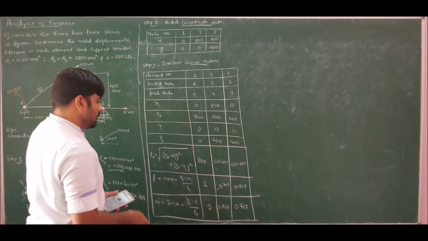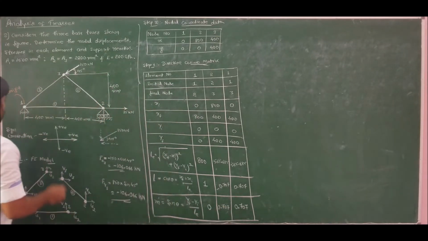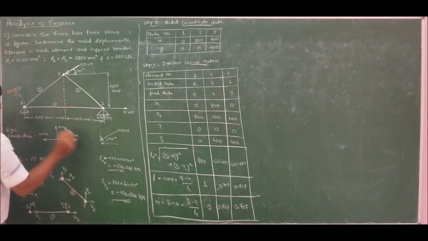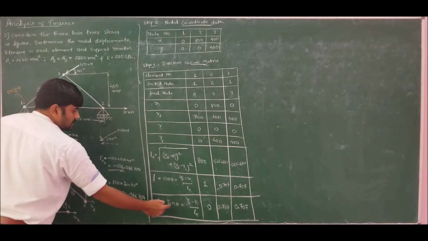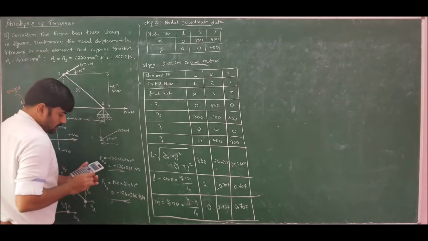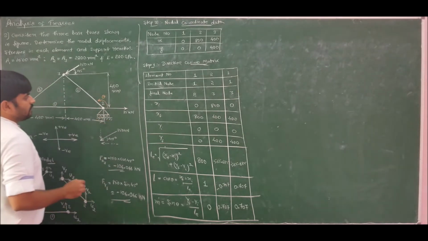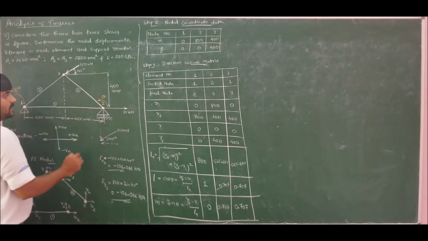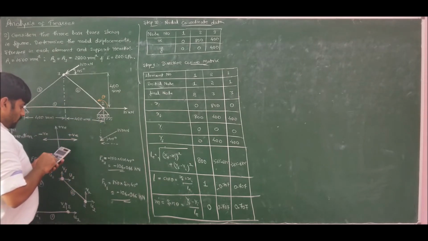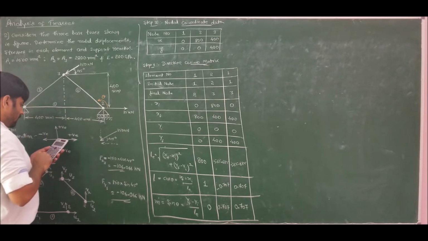Now let us verify whether these direction cosines are correct or wrong by using the angle method. For element 1, the initial node, the angle in the positive x direction is 0, so cos 0 is 1, sin 0 is 0, correct. Now let us measure this angle theta and measure cos theta and sin theta. Always theta is measured from positive x direction in counterclockwise direction. So this angle is tan inverse of opposite side by adjacent side, 400 by 400.